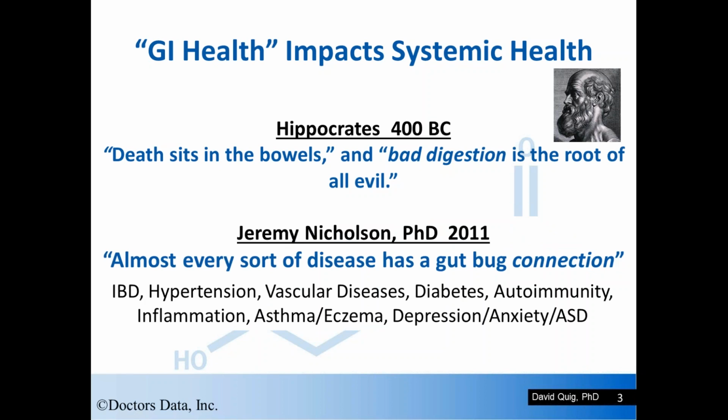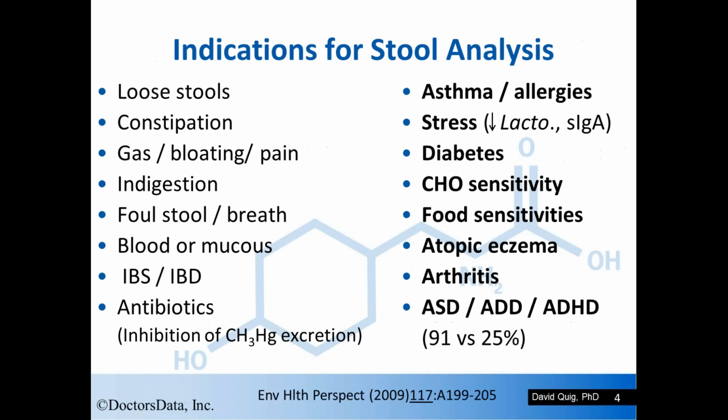About 2,400 years later, another really smart guy, Dr. Jeremy Nicholson, pretty much the king of the metabolome, has stated very similarly that every sort of disease has a gut bug connection. And within that, he included everything from inflammatory bowel disease to vascular disease, autoimmune, inflammatory diseases, asthma, eczema, depression, and even possibly the autism spectrum disorder.